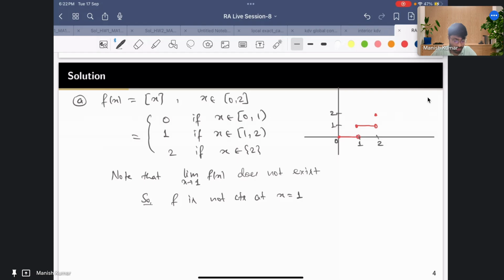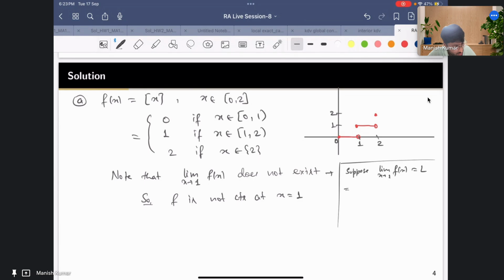I'll just hint it here. Suppose that the limit as x tends to 1 of f(x) is equal to L. I am supposing it exists, and then I'll get a contradiction. How?